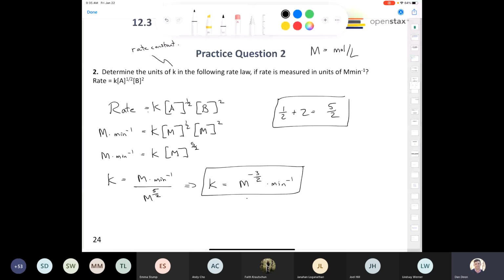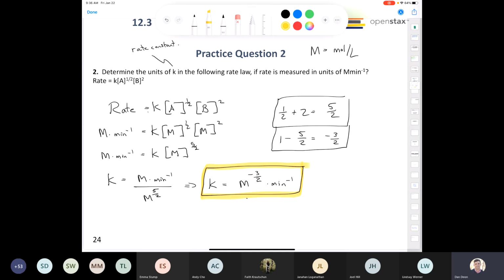If you take 1 and you subtract 5/2, you get -3/2. So just a little bit of mental math. I'm going to do a lot of algebra and little bits of math in my head in this class. So our K is in units of moles to the power of -3/2 per minute.